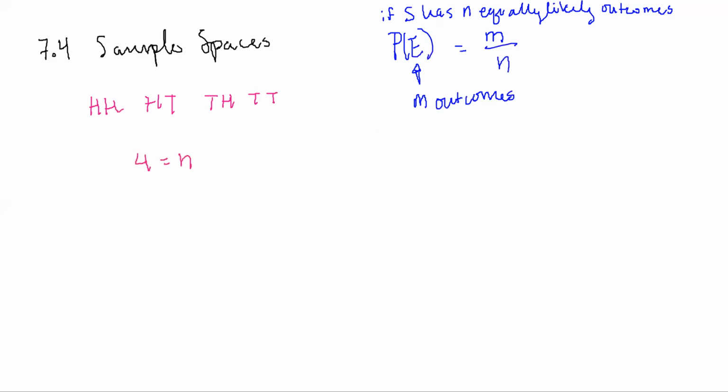If I want to know the chances I get heads and tails, and I don't care about order, these are the 2 that have both heads and tails, so m is equal to 2, and the probability of getting both heads and tails is going to be 2/4, or 1/2, which makes sense. Again, a lot of these theorems are basically just common sense things that I'm sure are very intuitive to you by now.